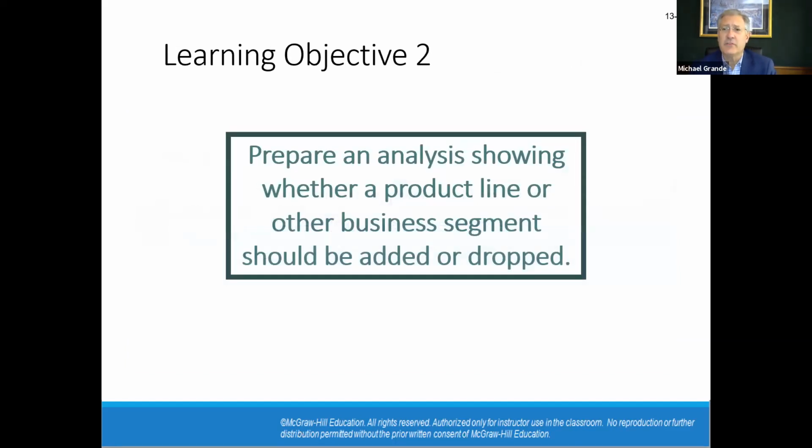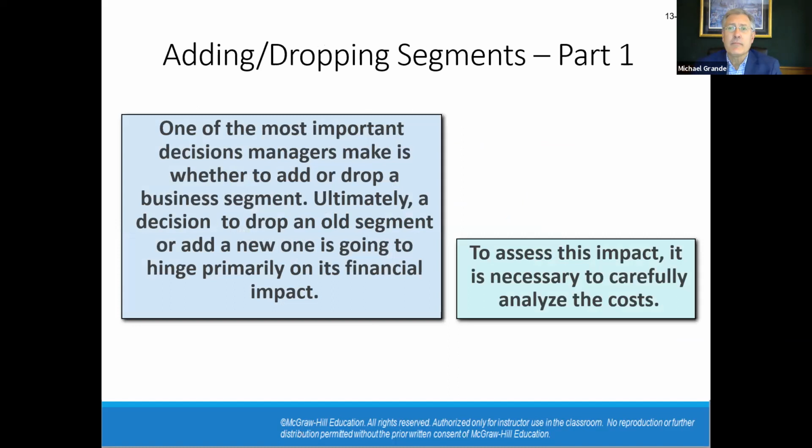Learning objective number 2. Prepare an analysis showing whether a product line or other business should be dropped. So this is a question of keep or drop an unprofitable product line or division. One of the most important decisions managers make is whether to add or drop a business segment.